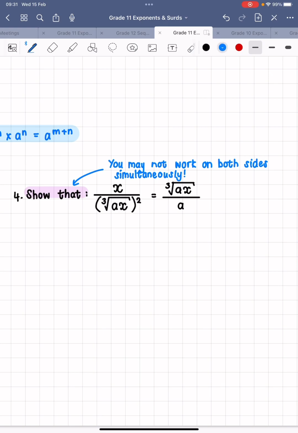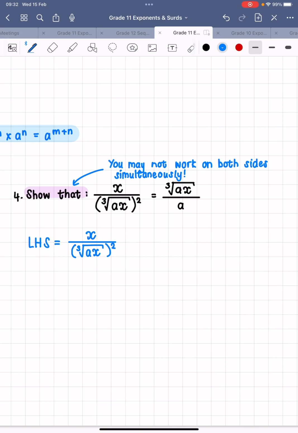That's very important, guys. What we're going to do is we are going to choose to work with the left-hand side. And you are allowed to write LHS, exactly like that. Even in your final exams, they accept that as like an abbreviation. So we're going to say left-hand side. What did we start with on the left here? We started with the cube root of ax squared at the bottom in our denominator, and we have x over that.